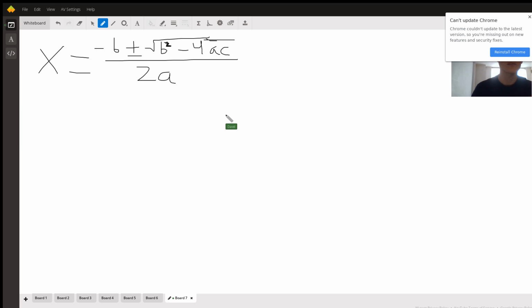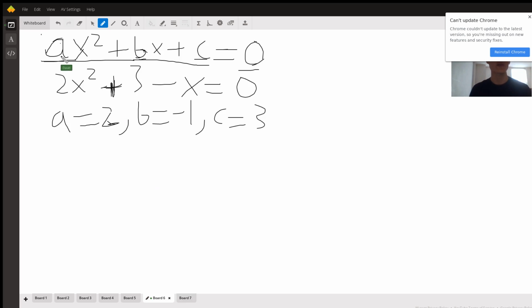Now, this looks sort of like what we got from the square root method, in that there's a plus or minus in that too. And the reason is, like I said, the way we prove this formula is we apply the square root method to the general case of a quadratic, to the quadratic whose coefficients are a, b, and c. Instead of specifying exactly what a, b, and c are, we say, okay, let's pretend we know what a, b, and c are, and let's do some manipulations with them that work no matter what they are.